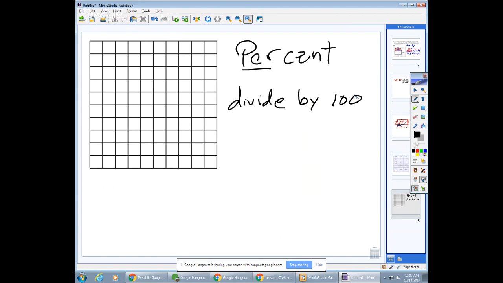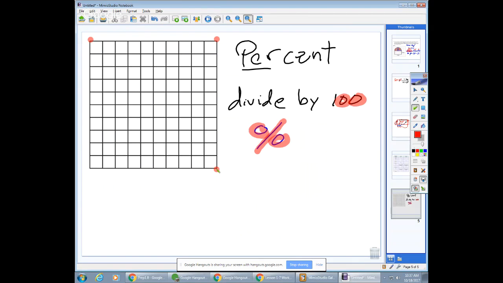So consider the symbol for a minute. This right here is the slash for division. And these are the 2 zeros of 100. So all the percent symbol is a shorthand for writing, hey, I have a part of 100 here. So if you think about my grid over here, this grid is 10 by 10. So there's 100.